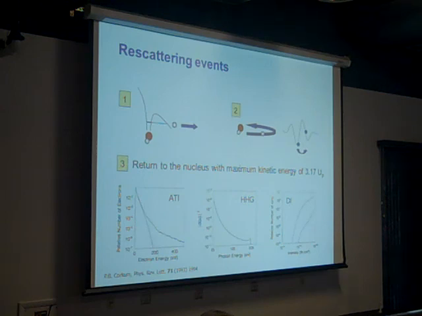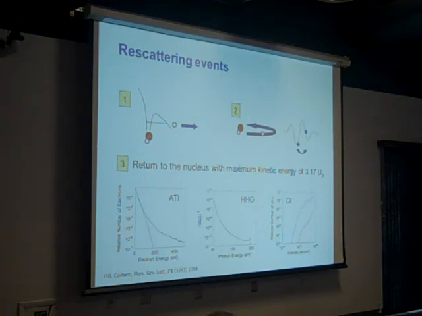And he also gave a simple explanation with this rescattering picture for how double ionization should occur. So you can think about the electron coming back, and if you think about the simplest two-electron atom, the helium atom, either this electron that comes back gets recaptured, that gives you high harmonic generation, or it scatters elastically, that gives you changes in the photoelectron spectrum, or it kicks out the second electron, that gives you double ionization.